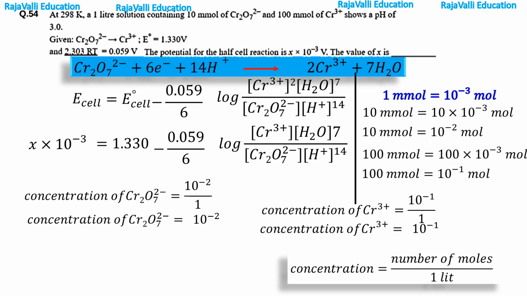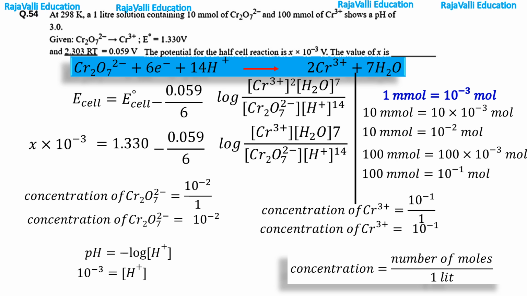Next we have to find the H plus concentration. For that, it is given that the pH value is 3. So pH is equal to negative logarithm of hydrogen ion concentration. So 3 is equal to minus log H plus. Changing this, we get minus 3 equal to log H plus, and taking antilog, we get 10 to the power of minus 3 is equal to H plus.